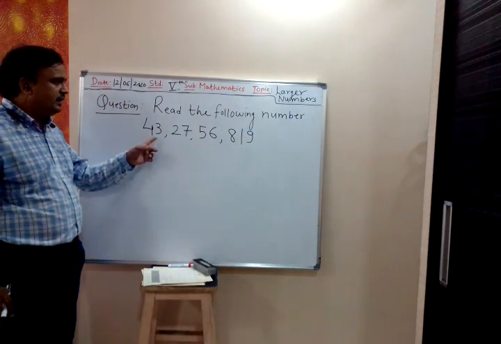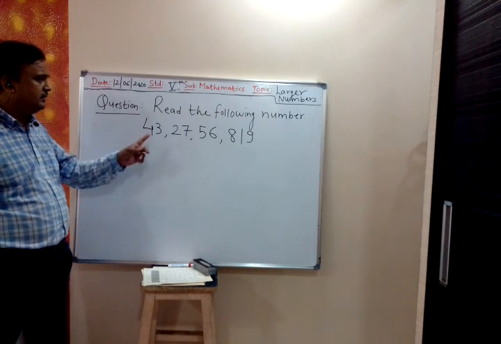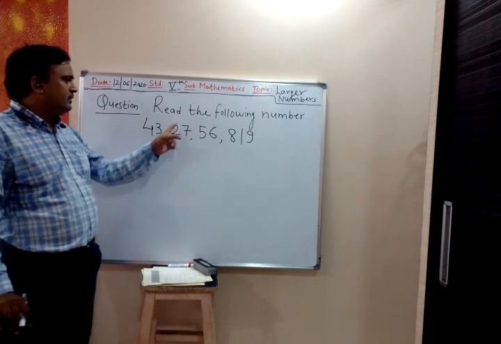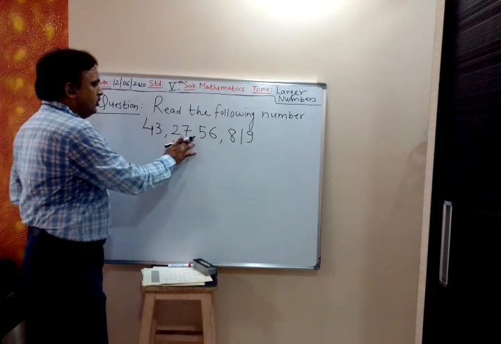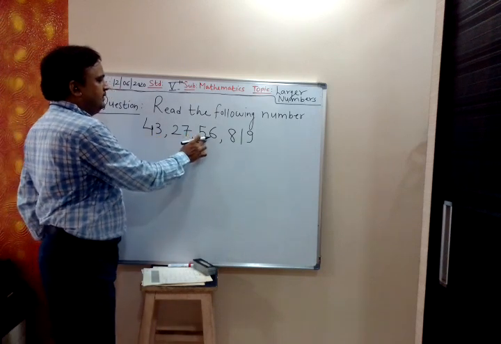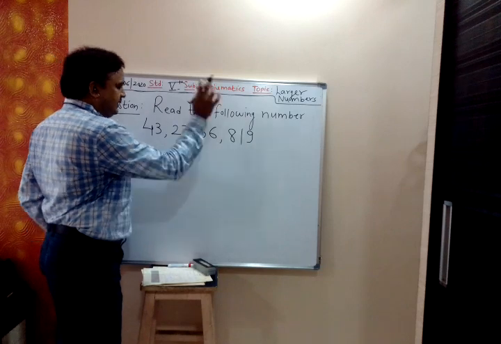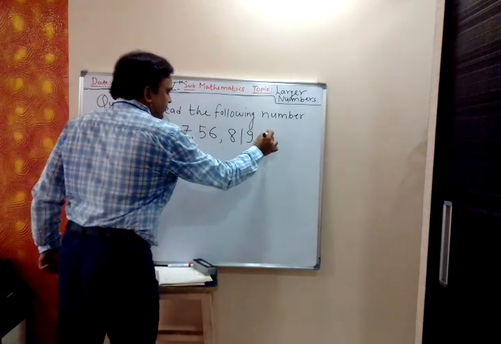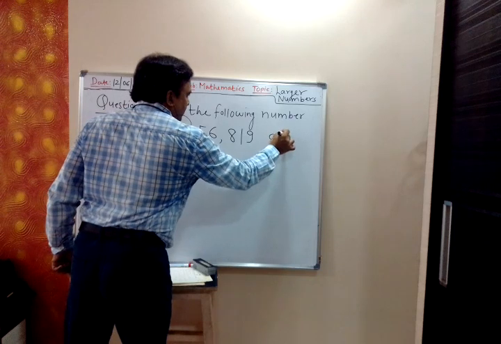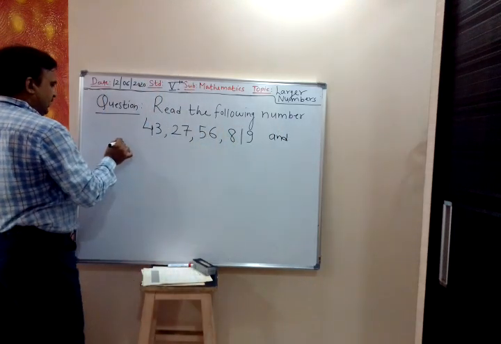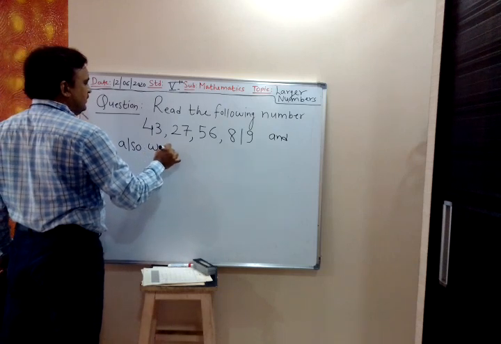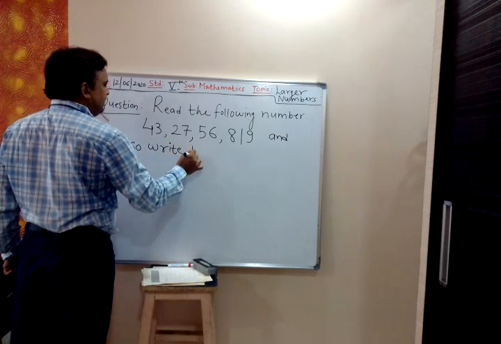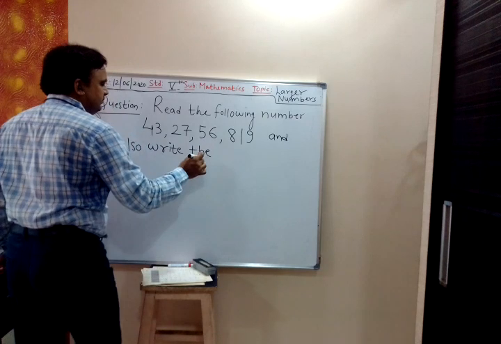Write this. Start writing. Our period has started. Read the following number 43,27,56,819 and also write the expanded form.